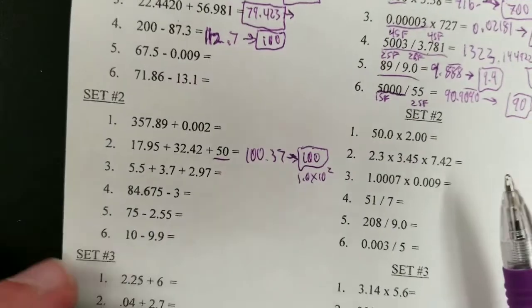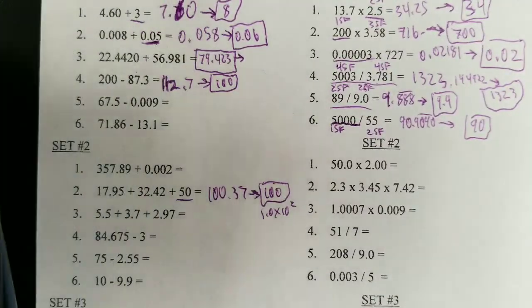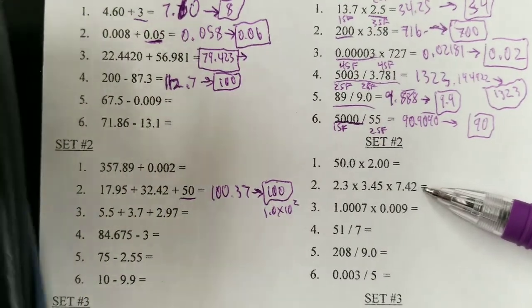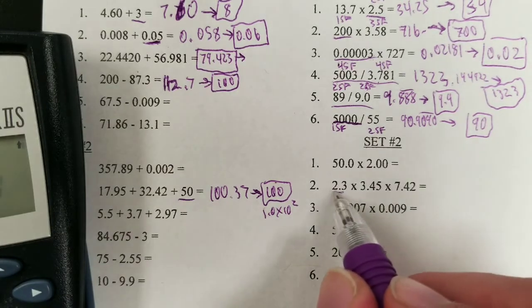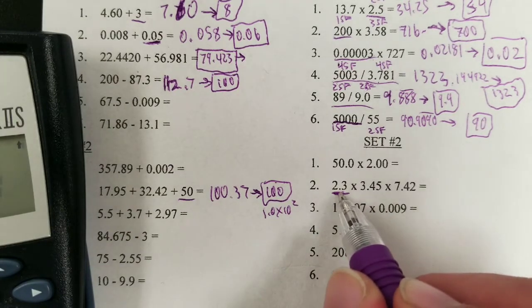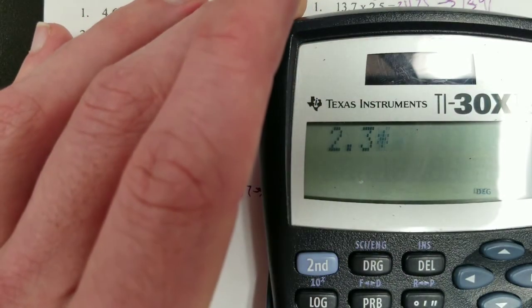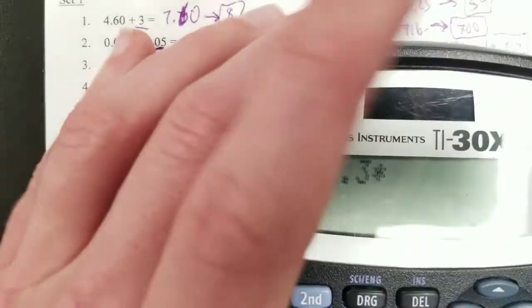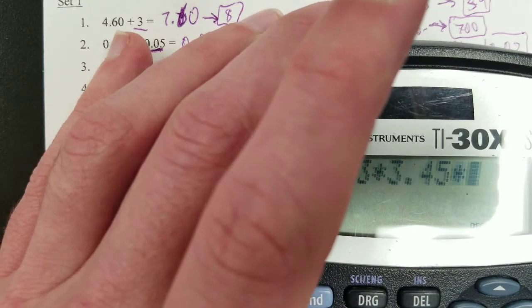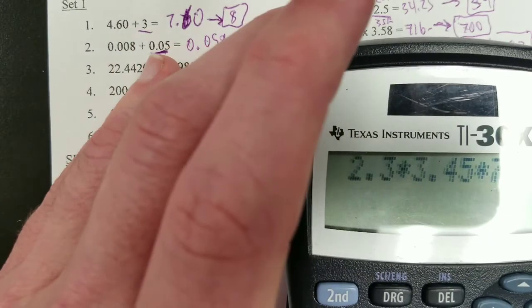Same thing for multi-number questions, such as this. The same rules are going to apply. I can already say this has fewer sig figs than the others, 2 sig figs, so this is going to determine how we round. So that was 2.3 times 3.45 times 7.42.